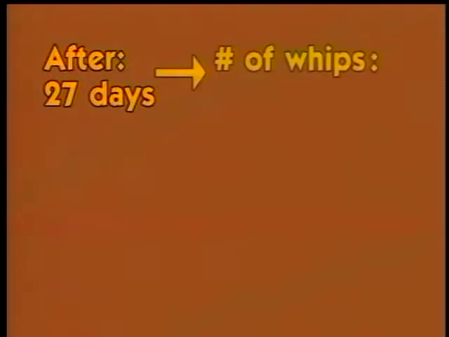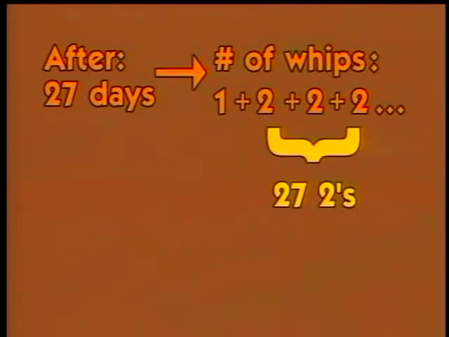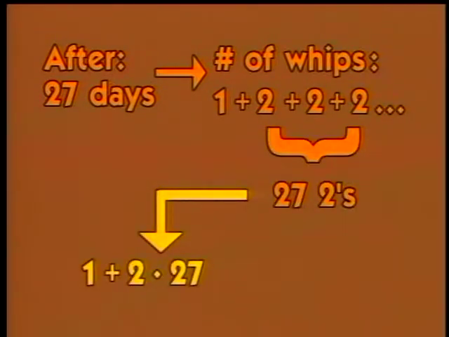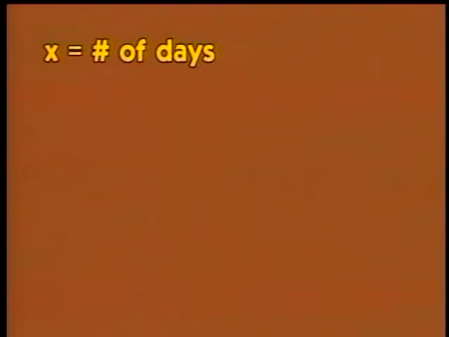Following this same pattern, after 27 days, the number of whips will be 1 plus 2 plus 2 plus 2, and so on for 27 twos. That is, there will be 1 plus 2 times 27, which equals 55 whips. If we use the variable x to stand for the number of days, the pattern can be like this.